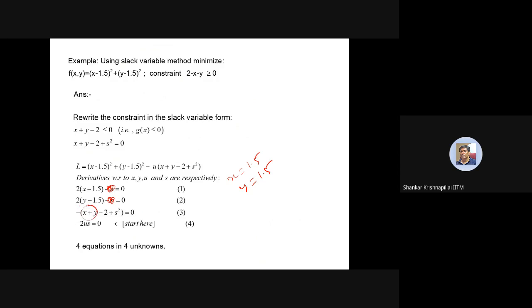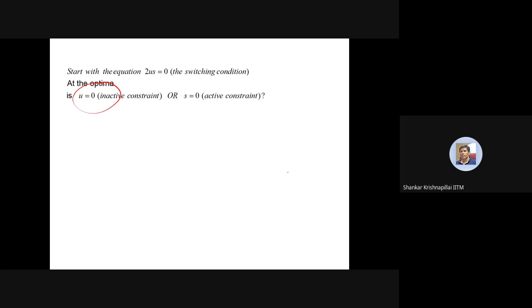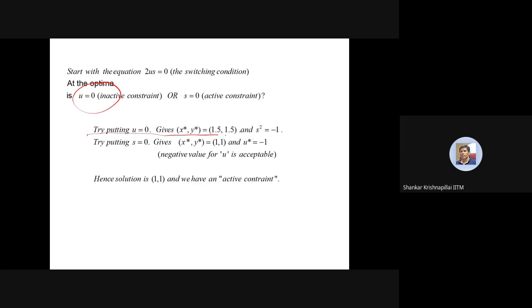So this is 3, and 3 minus 2 plus s squared equal to 0. So s squared equal to minus 1. So this is a constraint violation. We already studied that a negative value of s squared is a constraint violation. So this solution is not acceptable because you get s squared equal to minus 1.